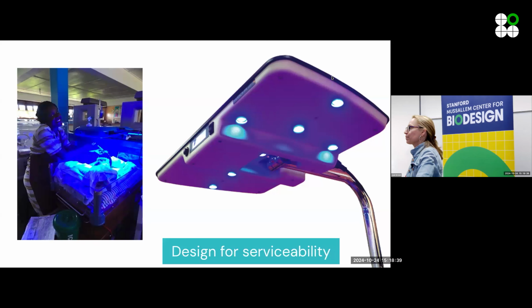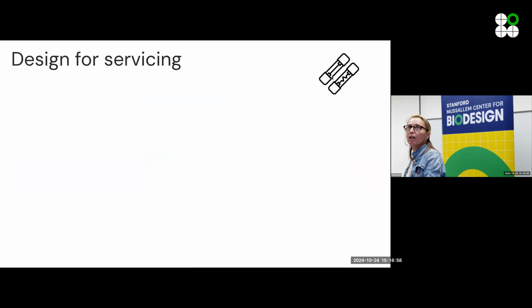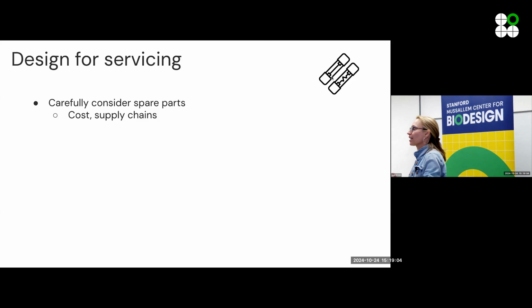Next one, design for serviceability. I actually was going to take this down, but I think it's so important because we don't talk enough about it, because we're so focused on designing the thing and getting it to market. But there's all this user research that goes into how you ensure that it's getting used in a sustained way, and how it's getting serviced and maintained so it can continue to have impact and improve health outcomes. So some maybe obvious things: carefully consider the spare parts, because there's this aspect of cost, like the razor blade model, which is not so great for health equity.